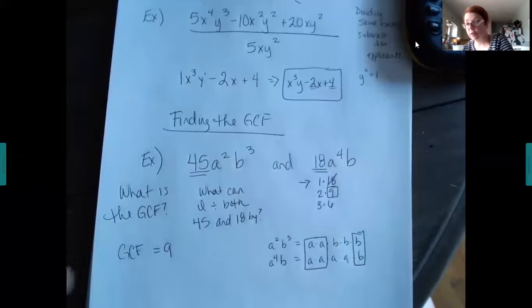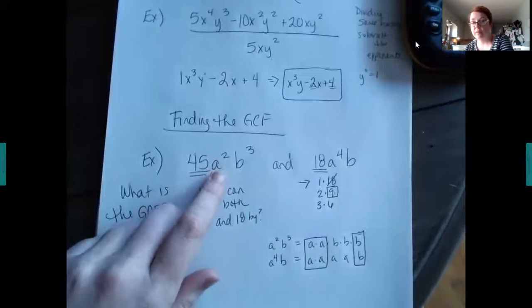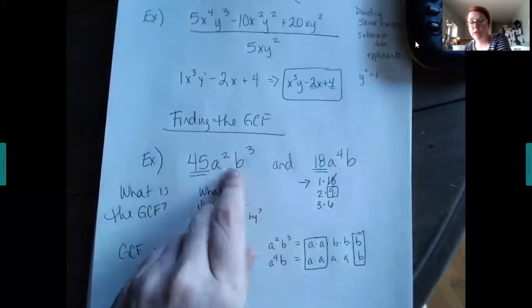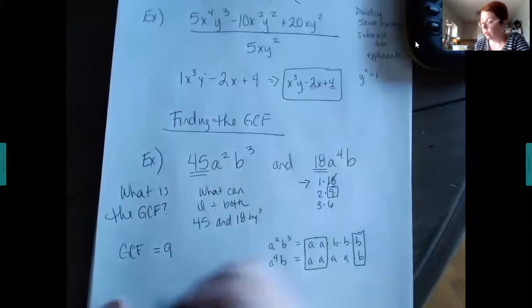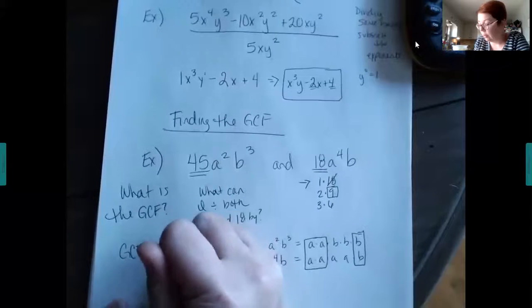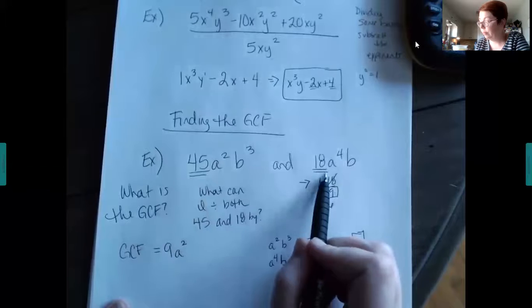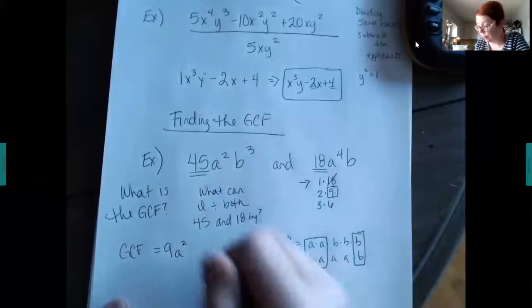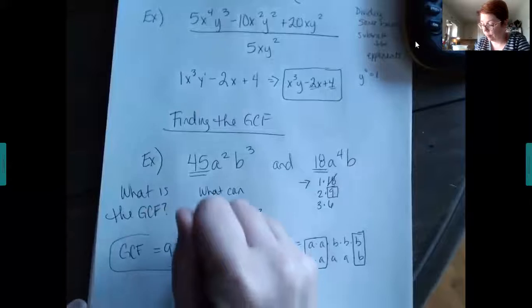Yes, 4 is greater, but this one doesn't have 4 a's to give. It only has 2. So this term shares 2 a's in common with that term. So the greatest common factor would be a 9, an a squared, and that single b. That's the greatest common factor.